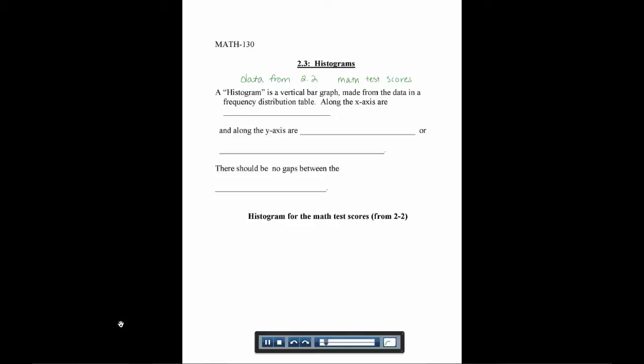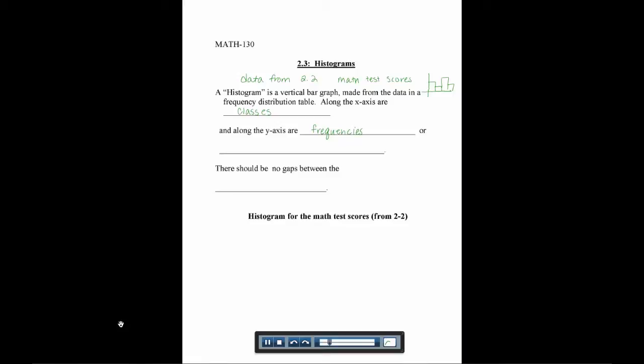So a histogram is a vertical bar graph. We're going to have vertical bars. Along the x-axis are the classes from our frequency distribution table. Remember, those were our intervals. And along the y-axis are the frequencies. Now, we might also want to make a relative frequency distribution or a cumulative frequency distribution.